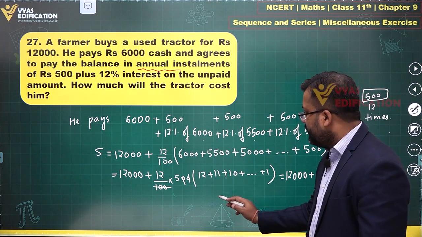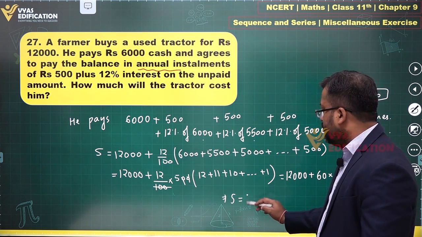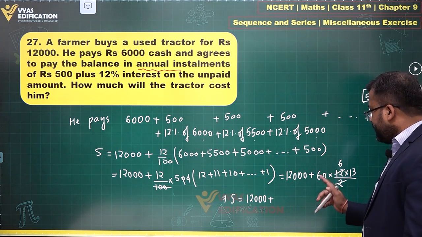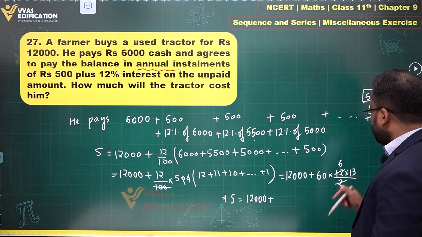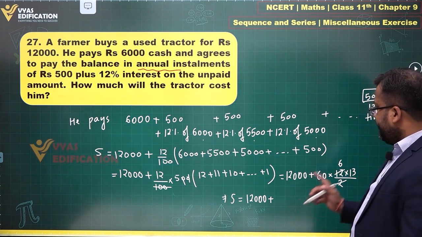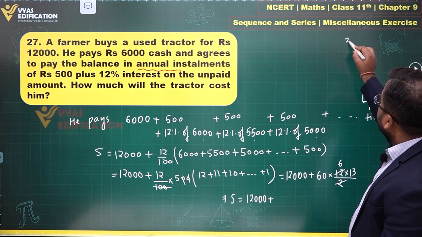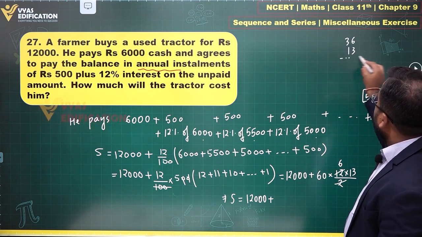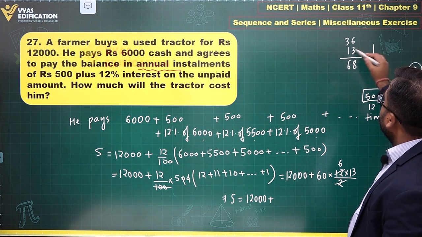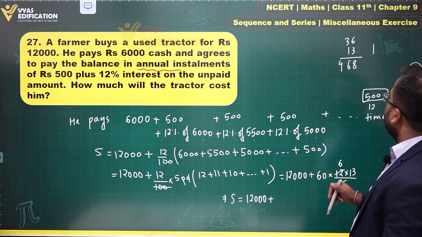This simplifies to, which implies amount paid S is equal to 12,000 plus, what is this? 6 into 6 is 36. 36 into 13 is what we are interested in. Or for that matter, 13 into 6 is 78, 78 into 6. You can find 36 into 13 easily. That's 6, 3, 18, 8, 1 carry 3, 3, 9 plus 6 is 15 plus 1 is 16. You get 3, 1, 3, 4, 4, 6, 8, is what you get, right?